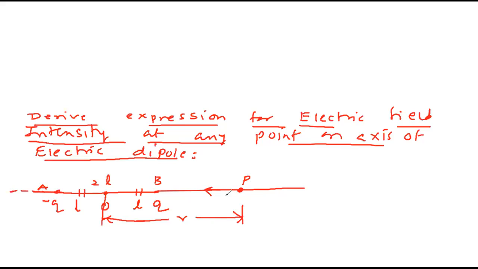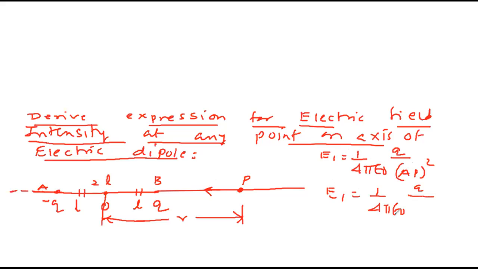So the electric field intensity due to minus q charge at point P will be given by E1 equals 1 upon 4 pi epsilon naught q upon AP square. So E1 equals 1 upon 4 pi epsilon naught q upon (r plus L) the whole square. It is directed inward.